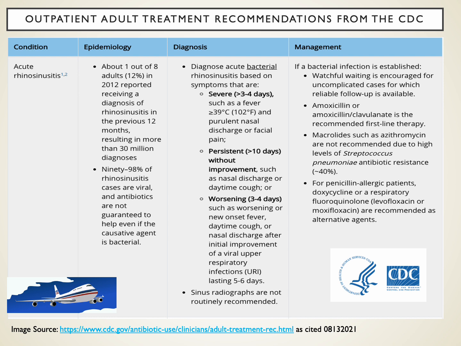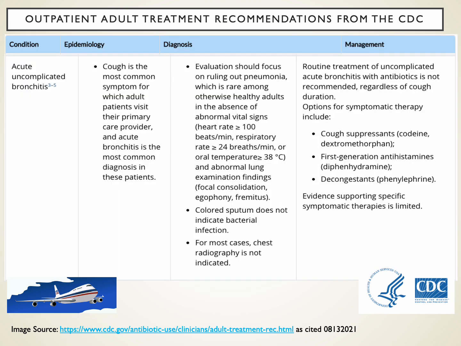For example, for rhinosinusitis in adults, the CDC makes recommendations about who are candidates for antimicrobial therapy versus who are not. You'll see those listed here in the next few slides. Here's an example of management of uncomplicated bronchitis and the role of antimicrobials from the CDC.